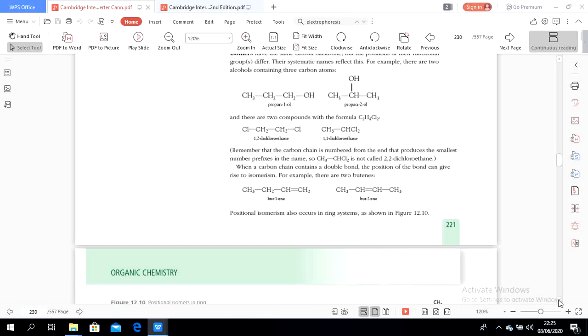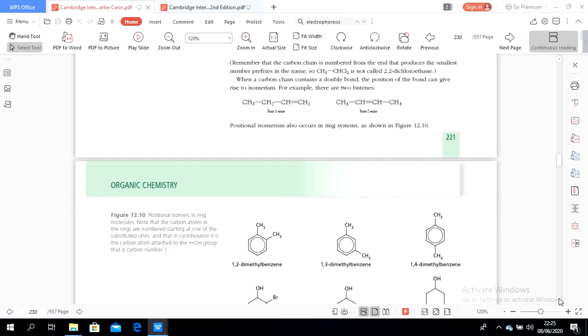Next, butene: but-1-ene and also but-2-ene. The position of the double bond is different. One is at carbon atom number 1 and the other is at carbon atom number 2.